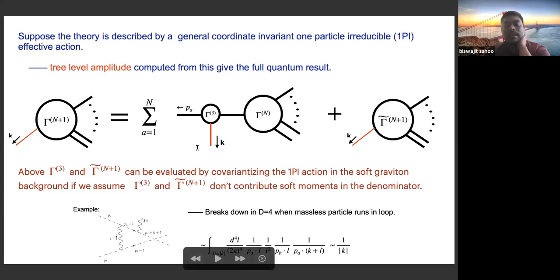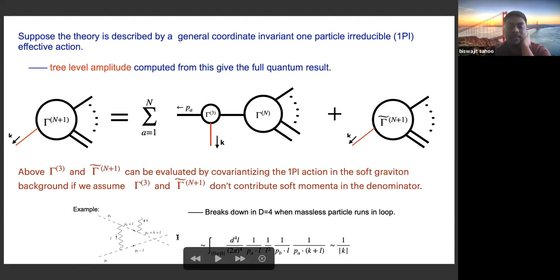With this understanding, we can see that the assumption we made, that the vertices gamma 3 or gamma tilde, the amputated Green's functions, cannot contribute at 1 over omega, is actually not true in 4 space-time dimensions. That can be seen from a simple example.